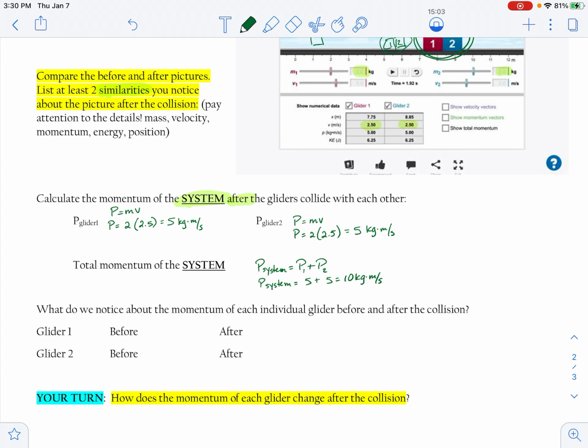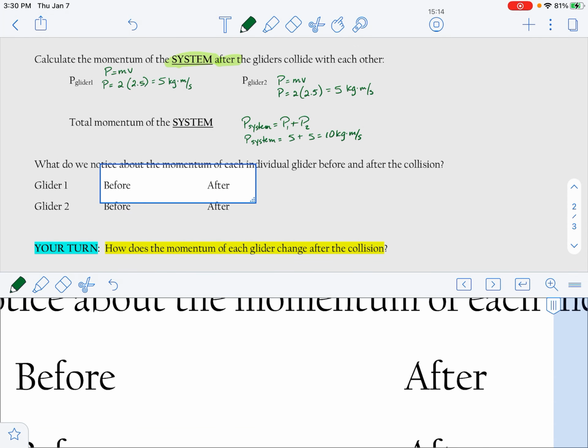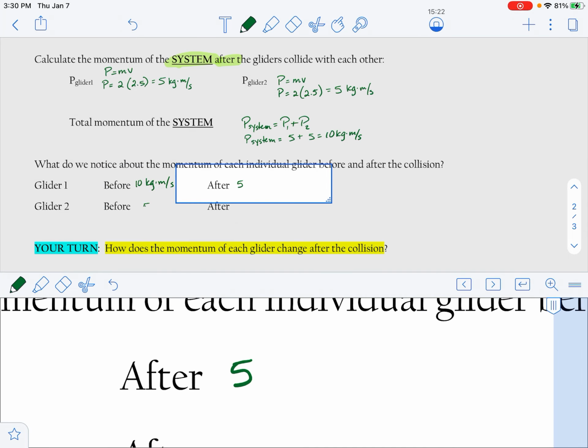All right, so let's do some comparing. What do we notice about the momentum of each glider before and after the collision? So glider 1, before the collision was 10 kilogram meters per second, and after the collision was 5 kilogram meters per second.